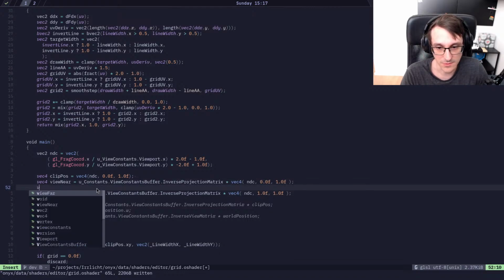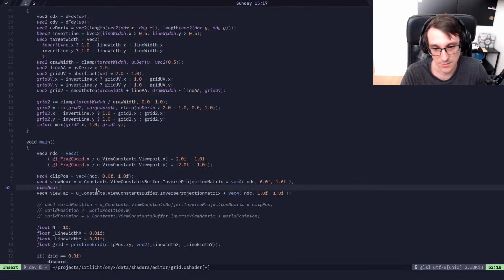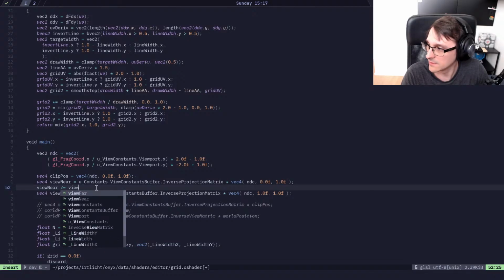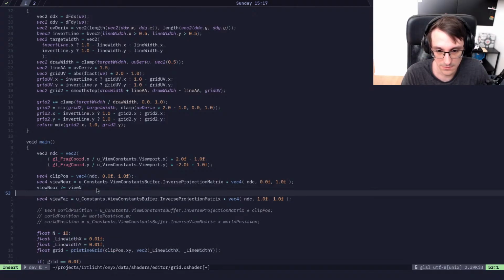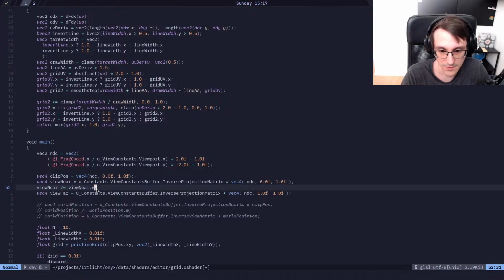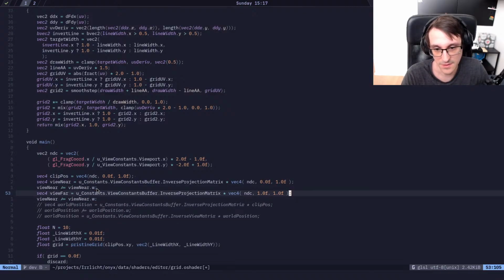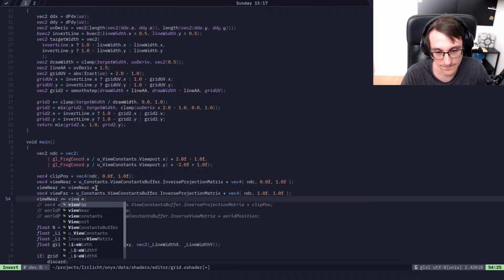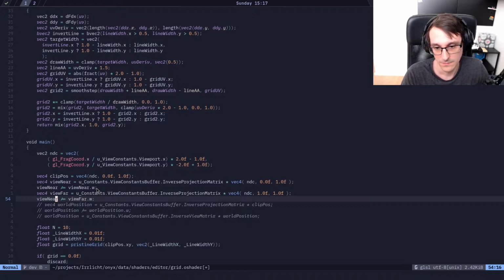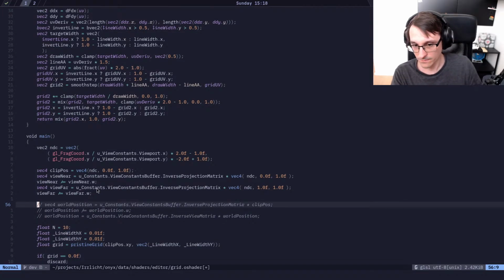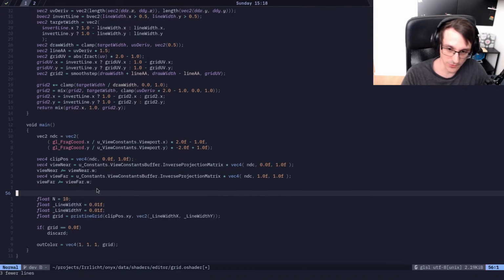Oh, and then we also need to do view near divided by view near W, and the same for far, so that we normalize it again. I'm pretty sure that's needed.